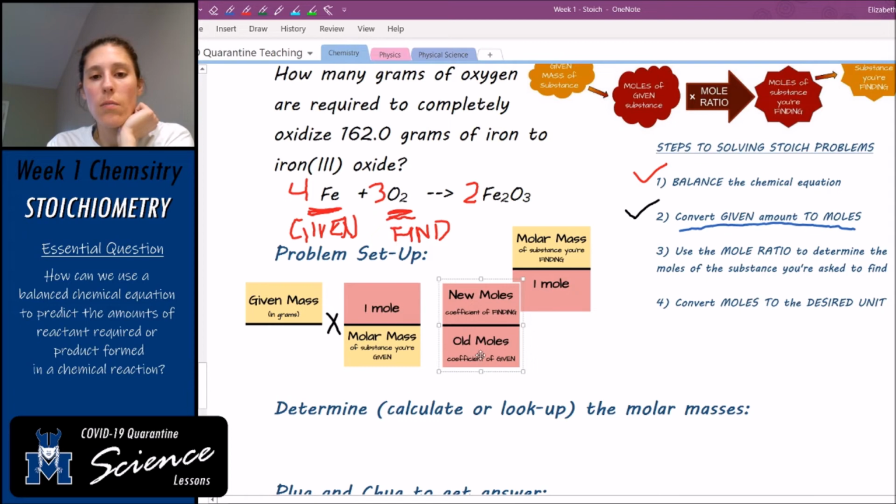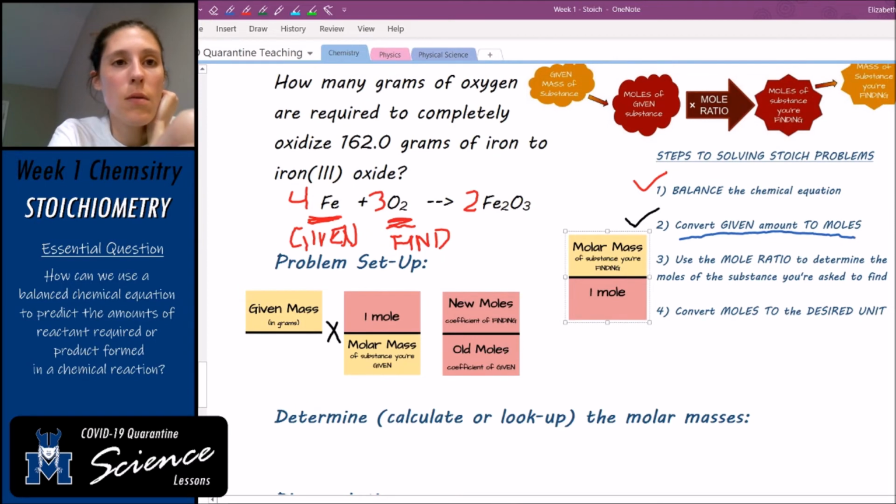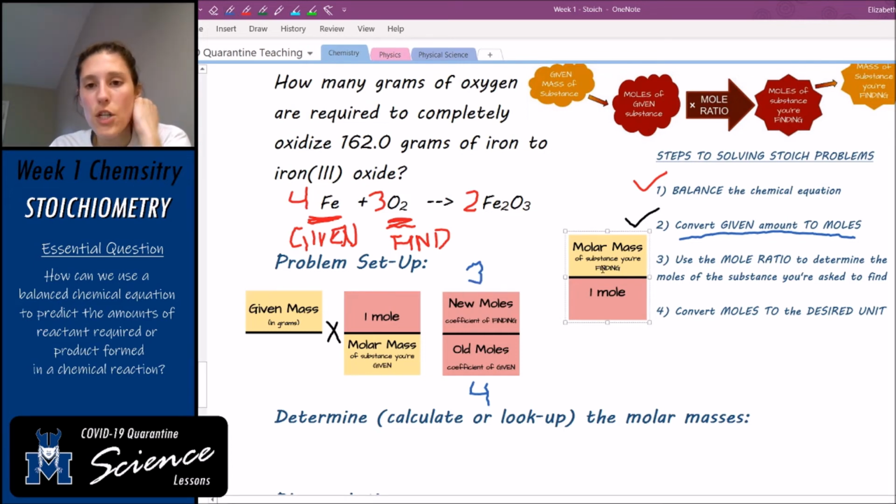The old moles come from the coefficient. You're going to write there the coefficient of the given, so that would be a 4 in this problem, over the new moles. So in this specific problem, this is going to be 4 down here. That's our given moles. What we're trying to find is a 3, so that's going to be our ratio right there.